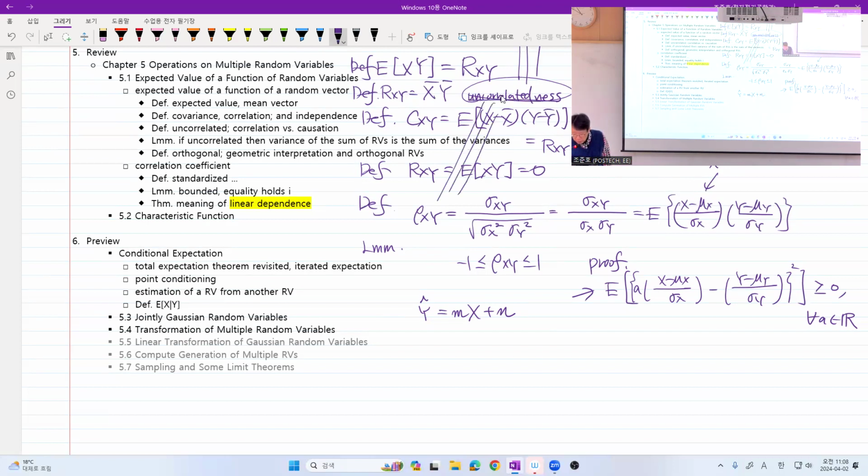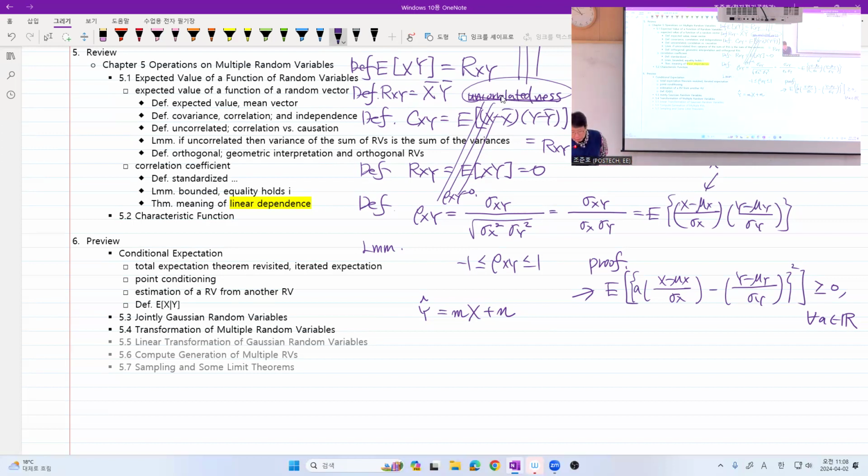Uncorrelatedness means that this is 0, right? In general the correlation coefficient is not 0, which means they have dependence. Correlated implies dependence always, with a non-zero correlation coefficient. So this may be a good idea to approximate the jointly distributed random variable Y using X.